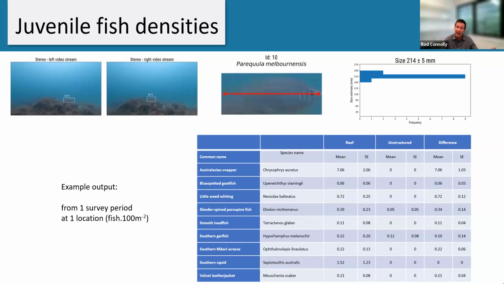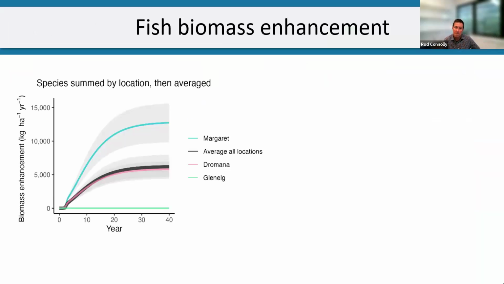This is actually just one example from one survey period from one location, because we need to do this over many times through the year, because the fish recruit at different times of year. So we then model using natural mortality rates and known growth rates for each species, and then summing that across the species here.